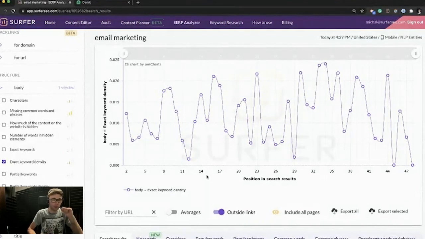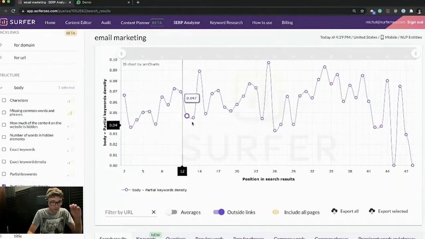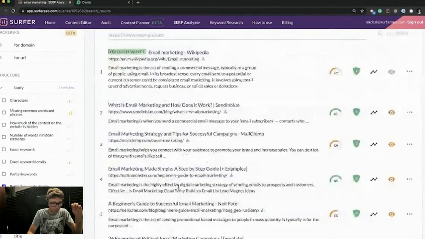What are we going to achieve? We want to find out where we should put more email marketing exact matches, because this is where we are missing out. Let me take a look at the partial keywords, and whoa, this is nice. Let me highlight Sendinblue, position 12 on the chart.